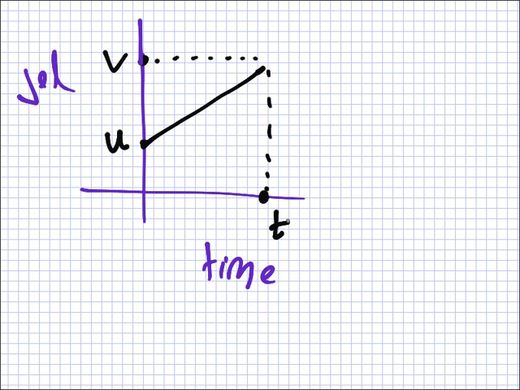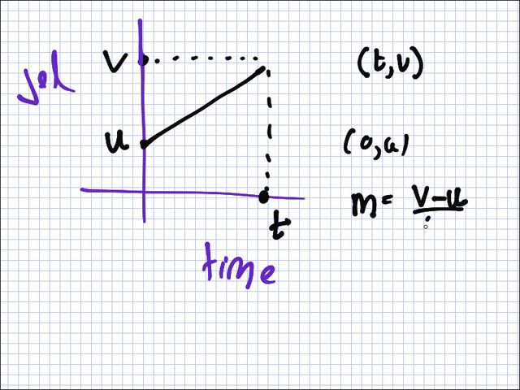T. Now, this point here is (0, u), and this point here is (t, v). And what's the slope? It's (v minus u) over (t minus 0). That's the change in the velocity over the change in the time, which is also known as a. So the slope represents a.